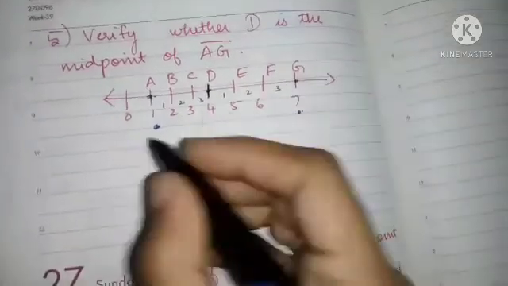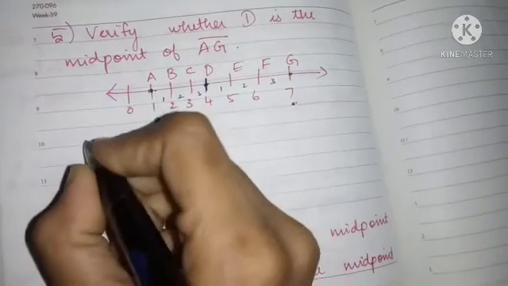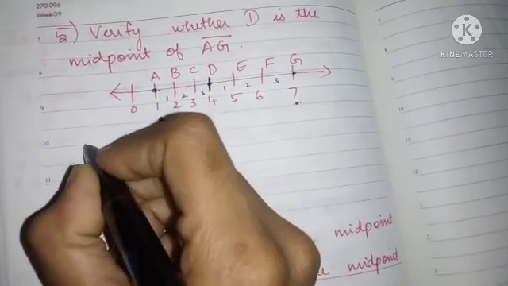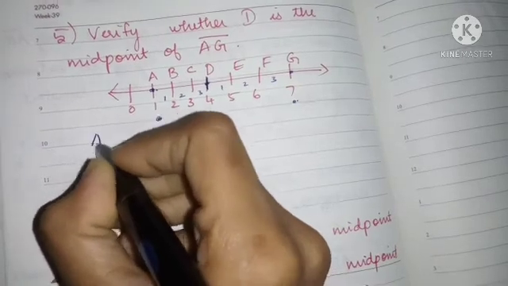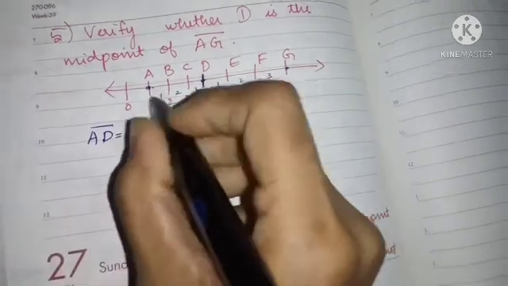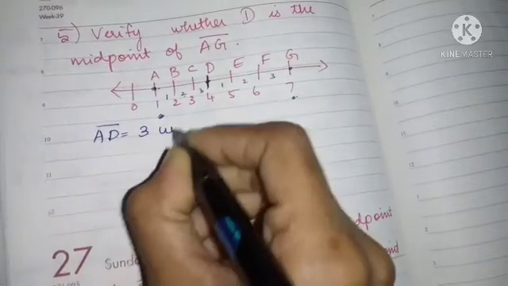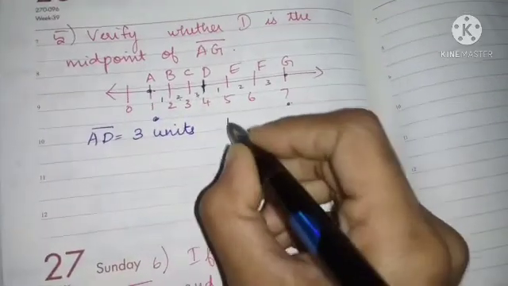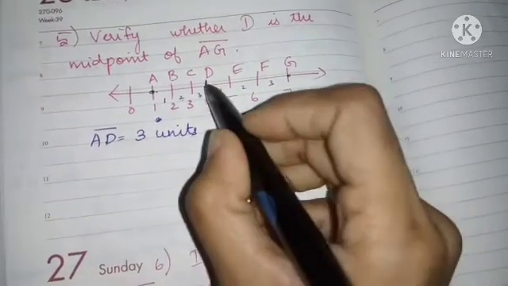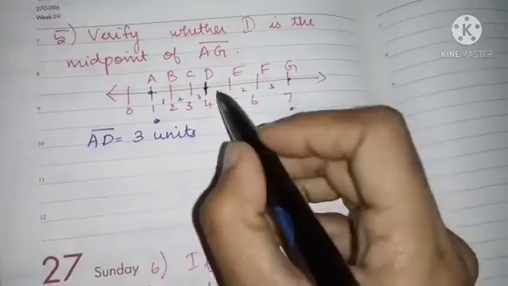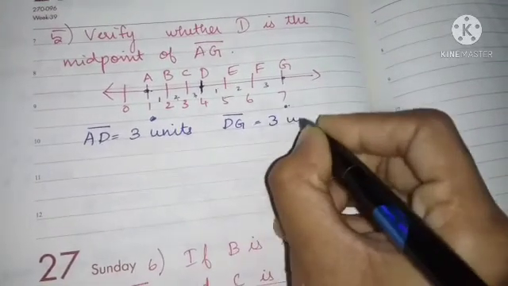Correct? See children, AD is equal to how many units? 1, 2, 3. So totally we have 3 units. Between D and G, how many units are there? 1, 2, 3. About 3 units.